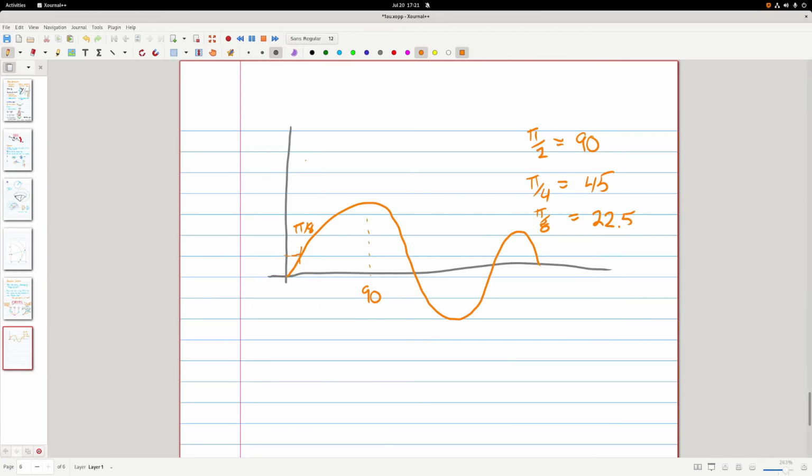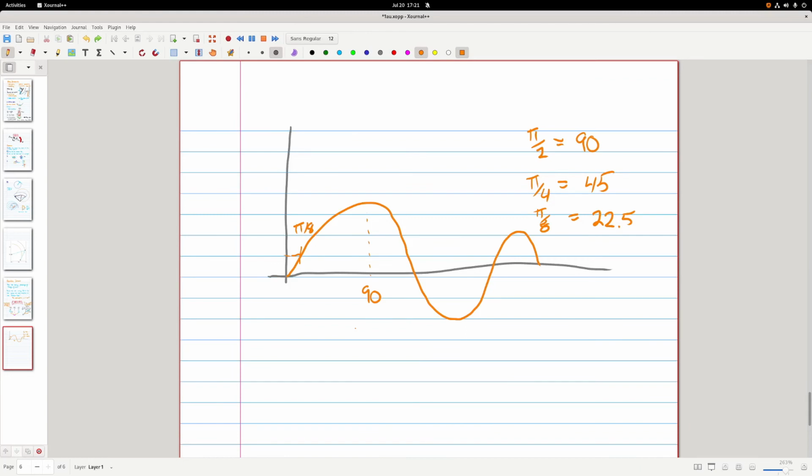I can either take sine of pi by 8, or 22.5 degrees, or I'm going to do a fun little math trick for you. We know that pi by 8 is about 22.5 degrees.